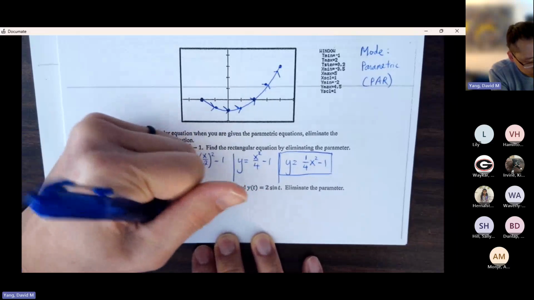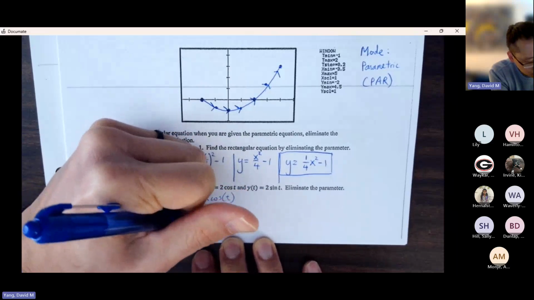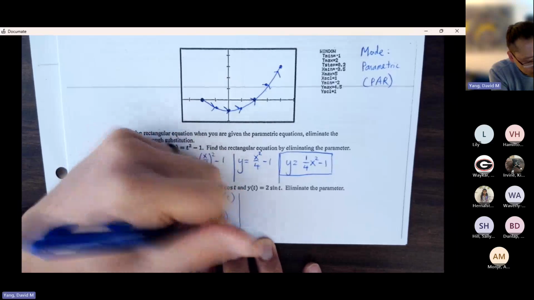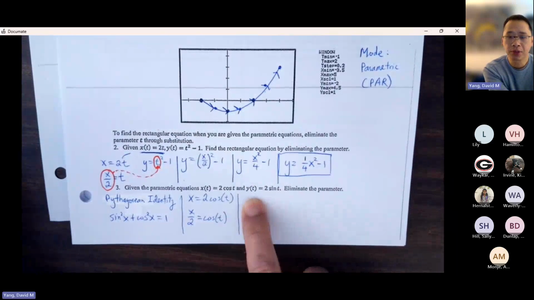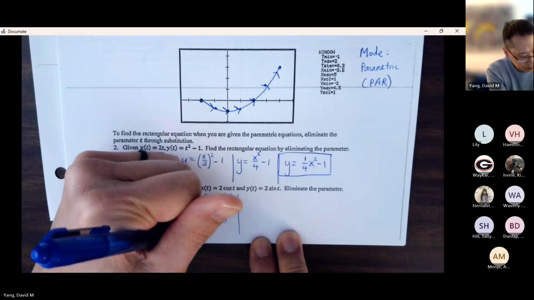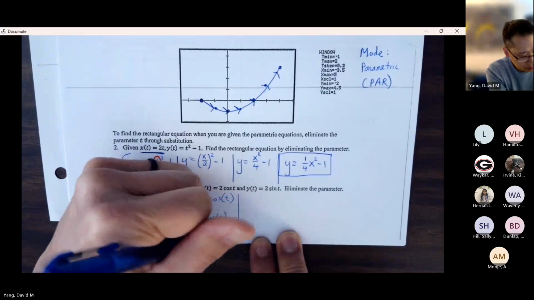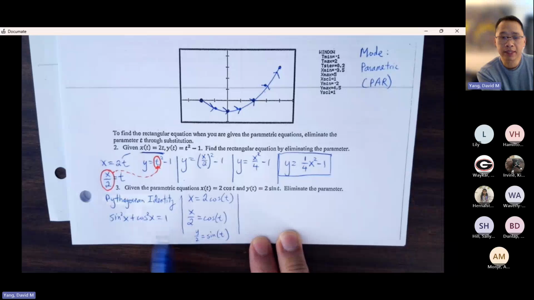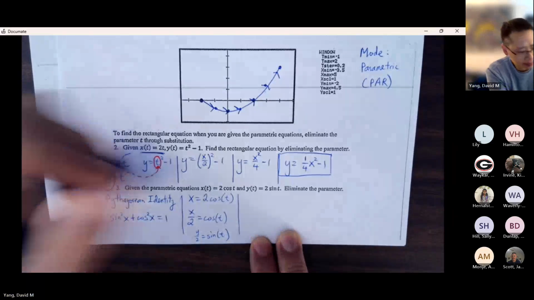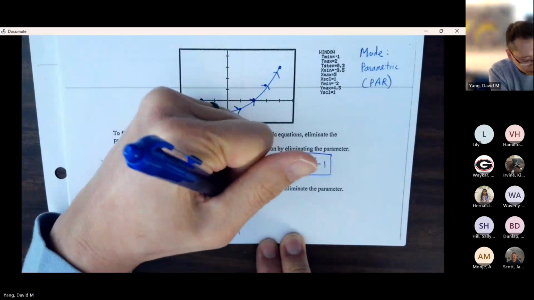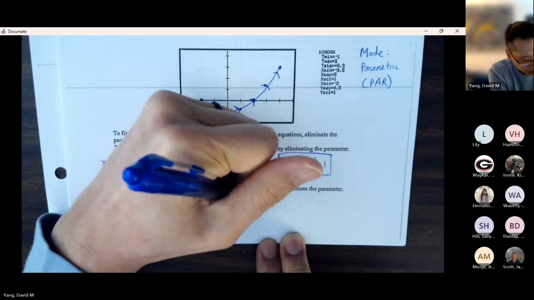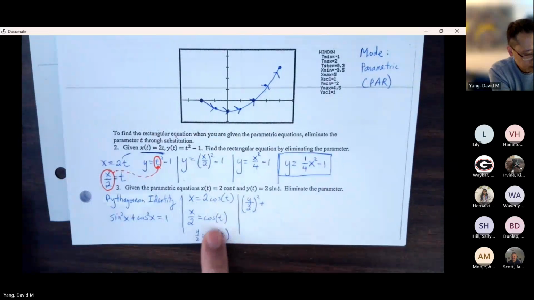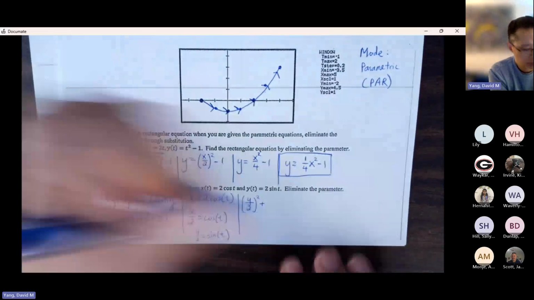So therefore, x over 2 is equal to cosine of t. Likewise, y over 2 is equal to sine of t. So if I make that substitution, we can replace sine of t with y over 2. We can replace cosine of t with x over 2.